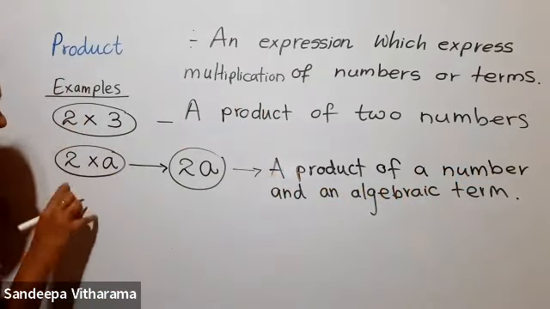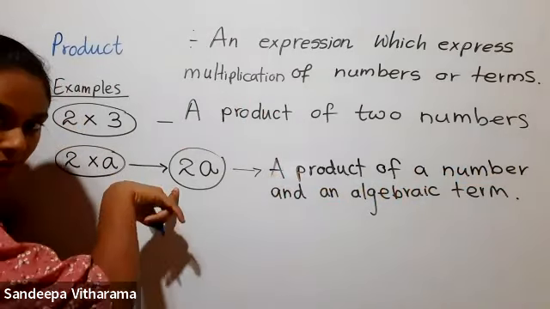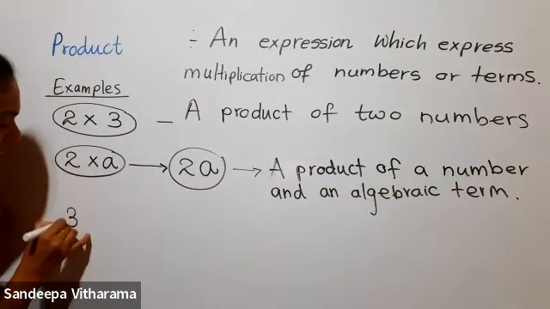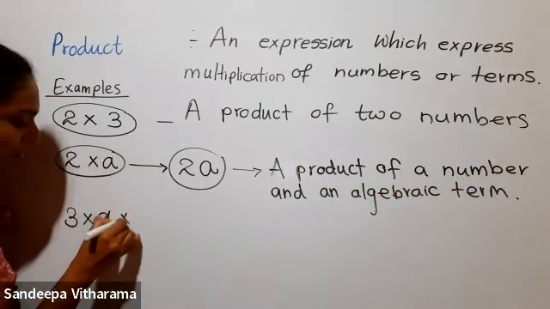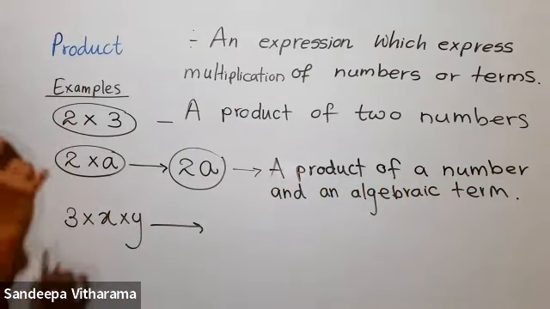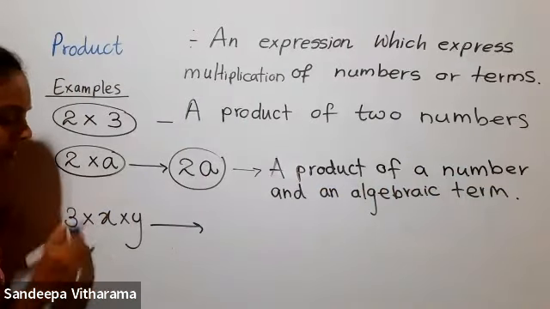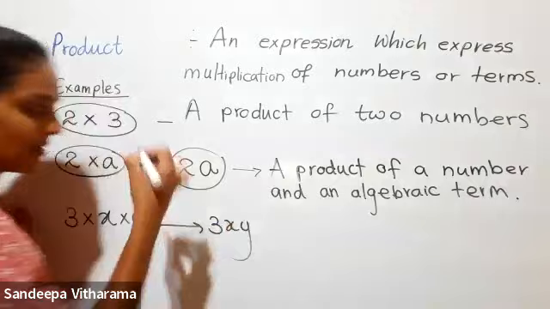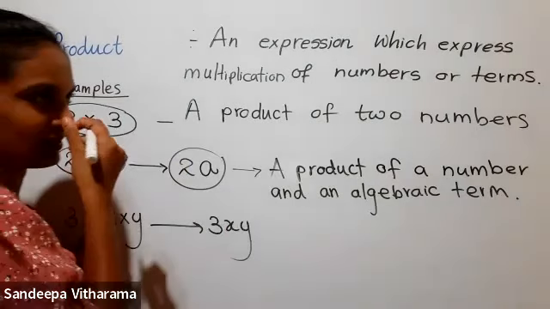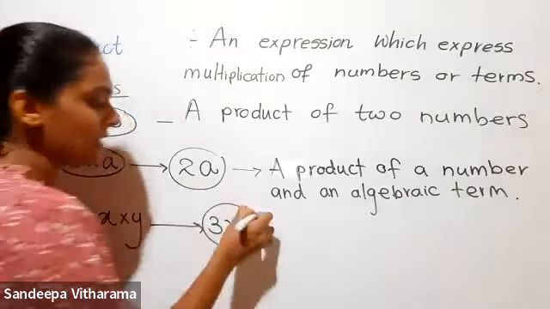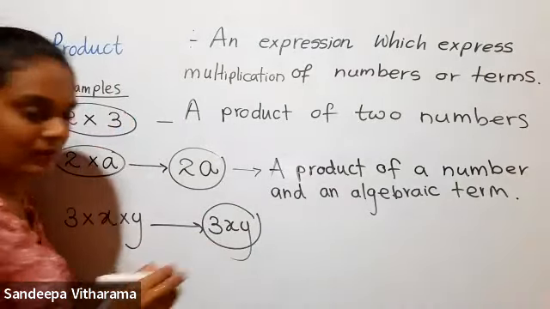Then, is it only restricted to a number and an algebraic term? No, never. Look at this one: 3 into x into y. How can we express this? We can remove these two multiplication symbols and write it together. This is for simplifying. This is the way we express a product in maths.